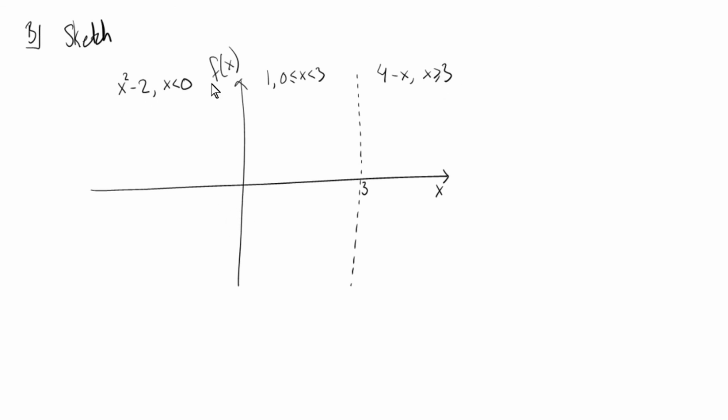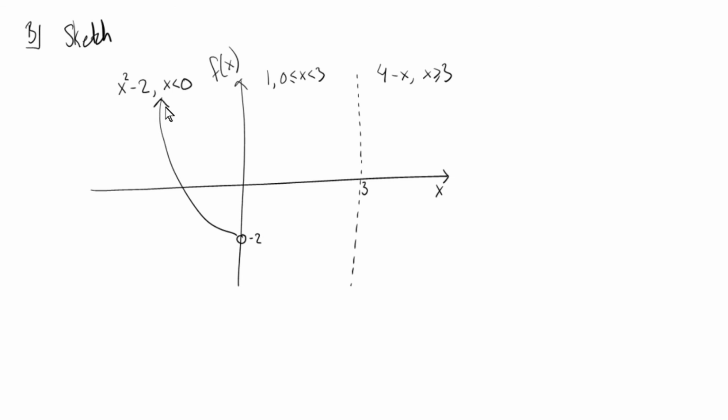So on the left-hand side we have x squared minus 2. This is a parabola that opens up, and the negative 2 means that it's been shifted 2 steps down. It's been transformed. So it's been shifted 2 steps down, which means that the y-intercept here, which is not included, is going to be at negative 2. So it's going to look something along this line.